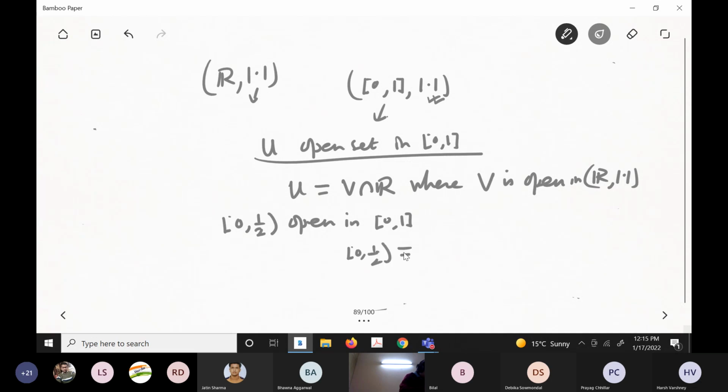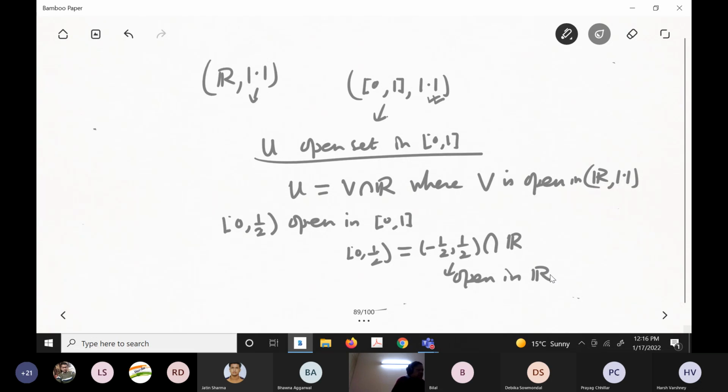I can write U as V intersection [0, 1], and V is open in R. You can always check that.